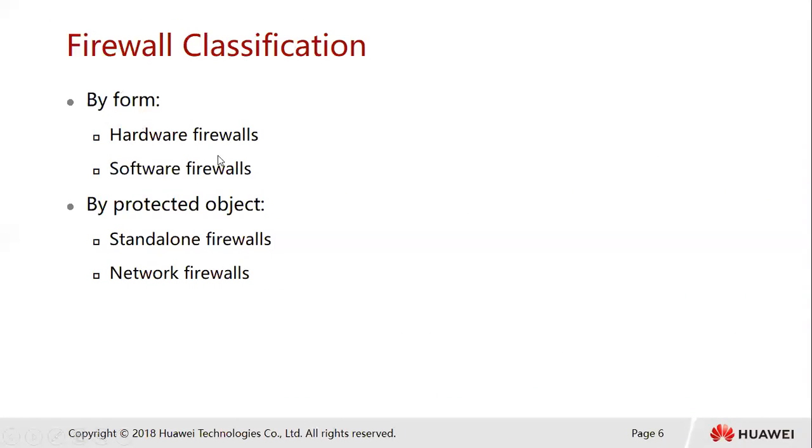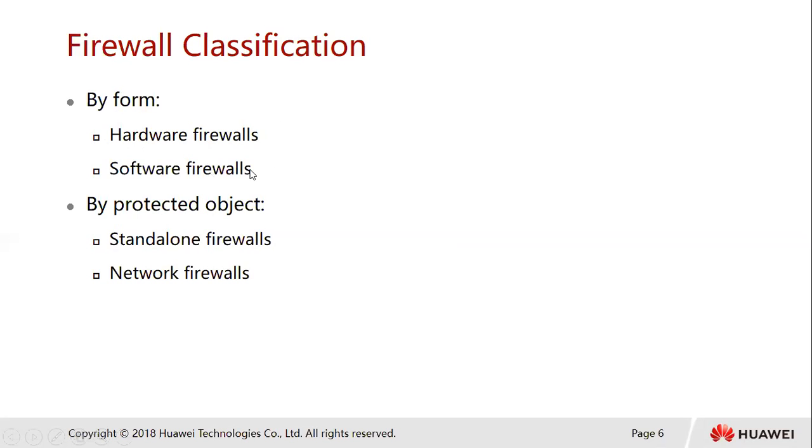Firewall classification. So they can be classified one by form, okay? By form. So here we have got two types. Hardware firewall. So this is a device, you know, on its own, it is a firewall. And then we have got software firewall.